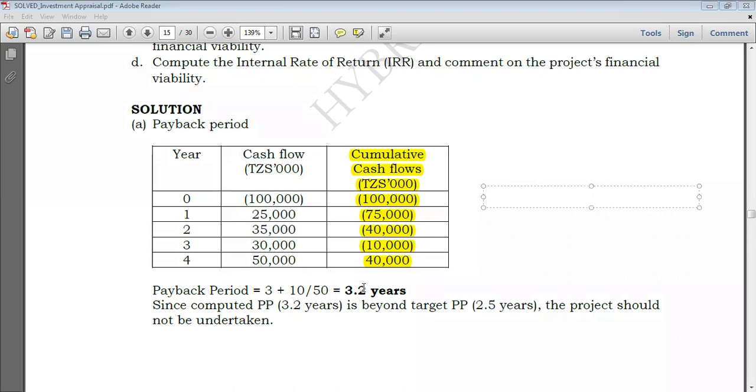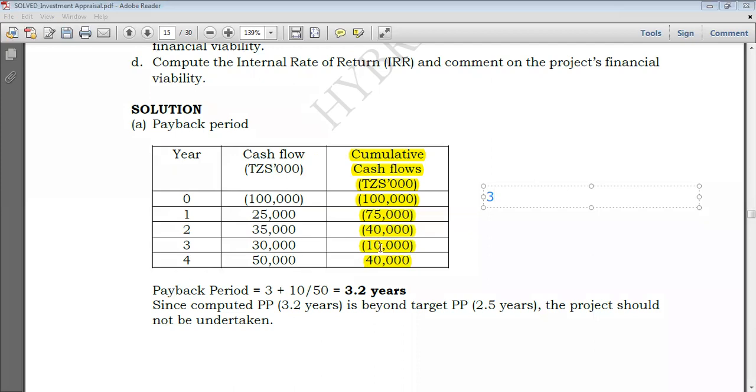But actually, this is very logical. Let me show you how we obtain it. Up to the end of year 3, we had negative 10,000. That means 3 years had ended, and we still hadn't recouped our money.